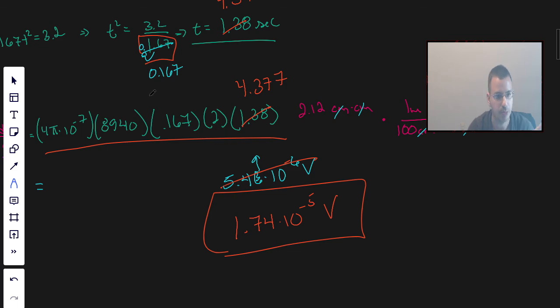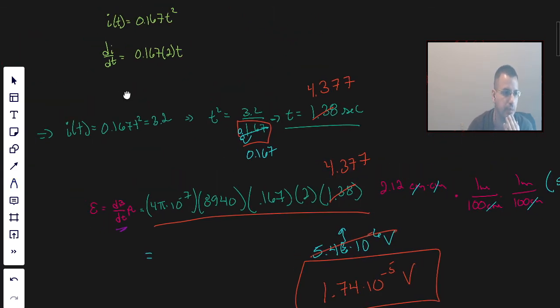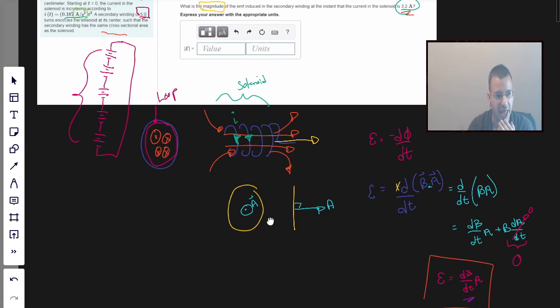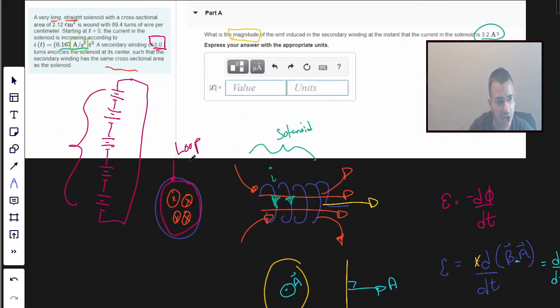So let's recap real quick because there's a lot of craziness that went on. We have a solenoid around a coil of wire, a loop of wire, and that solenoid has a current running through it. That current creates a magnetic field. That magnetic field inside that solenoid, which is long, straight, uniform, horizontal, concentric with our loop, is going to be changing with respect to time.